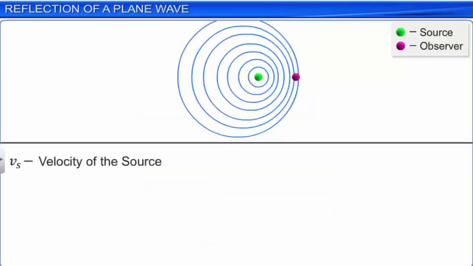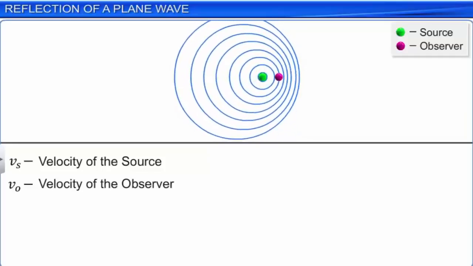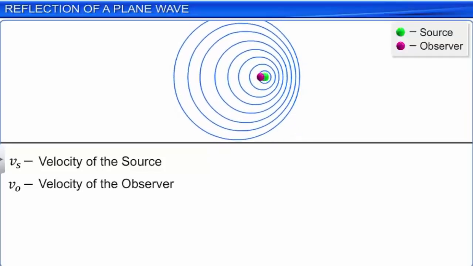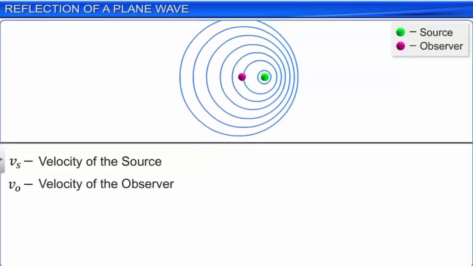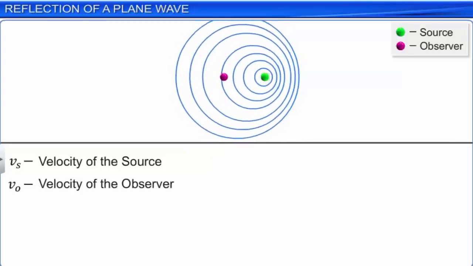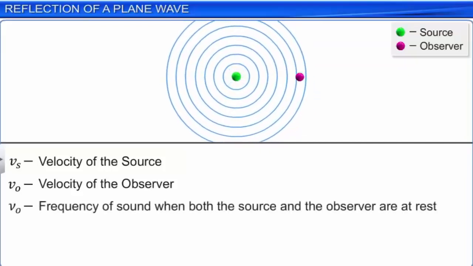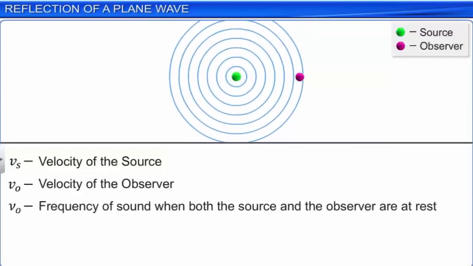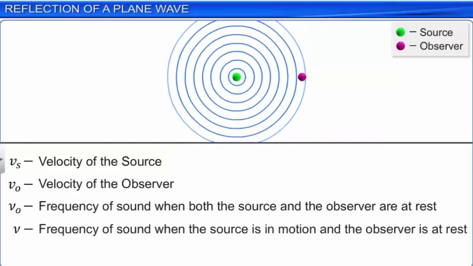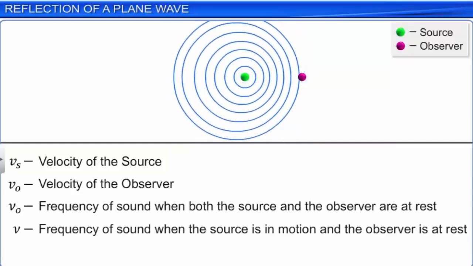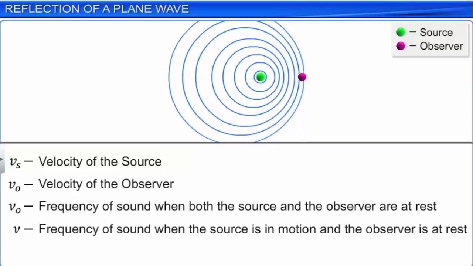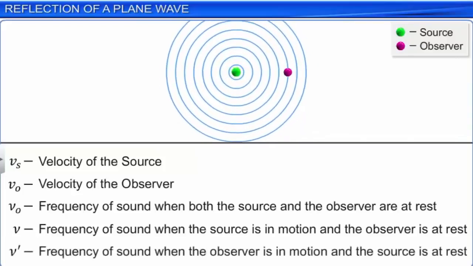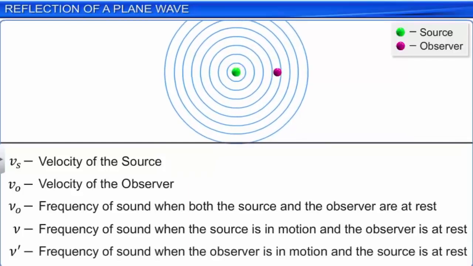Let Vs be the velocity of the source, Vo be the velocity of the observer. Both these velocities are relative to the medium in which they propagate and act along the line joining them. Also, let 𝛎0 be the frequency of sound when the source and the observer are stationary, 𝛎 be the frequency when the source is in motion and the observer is at rest, and 𝛎' be the frequency when the observer is in motion and the source is at rest.